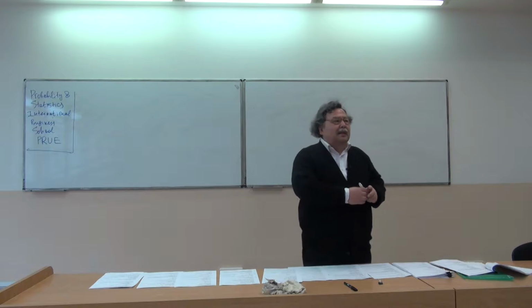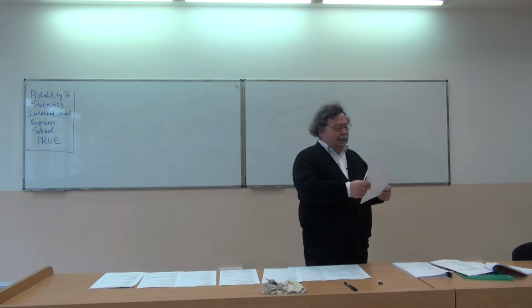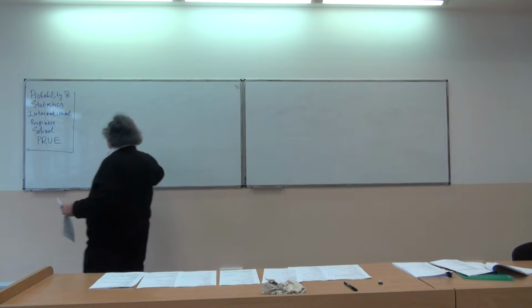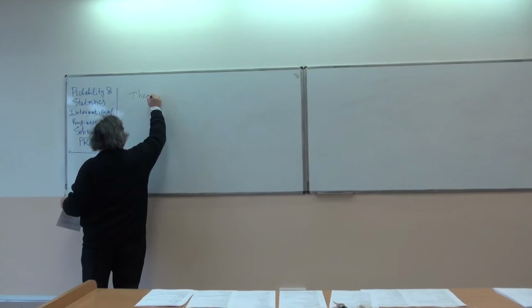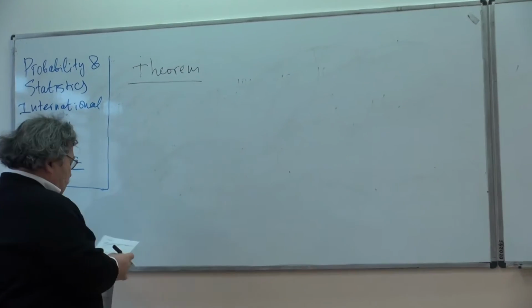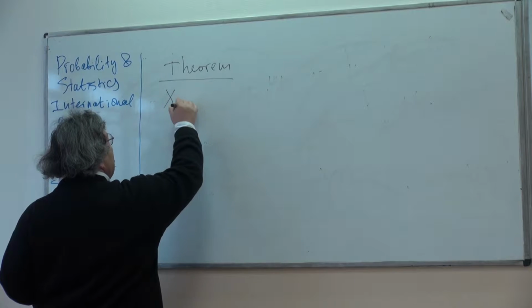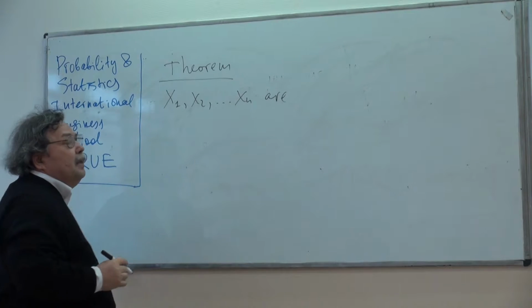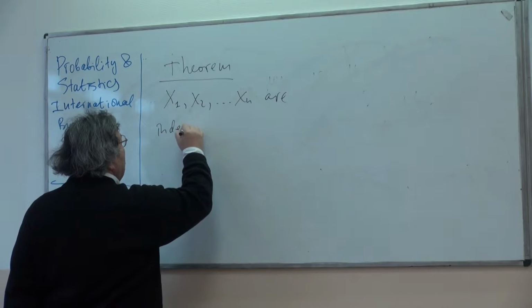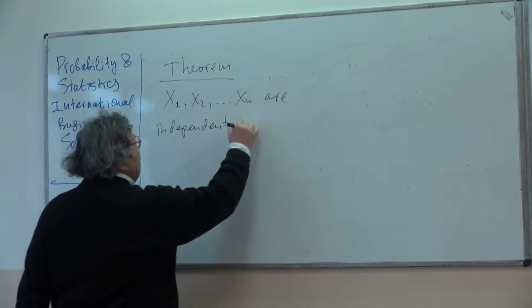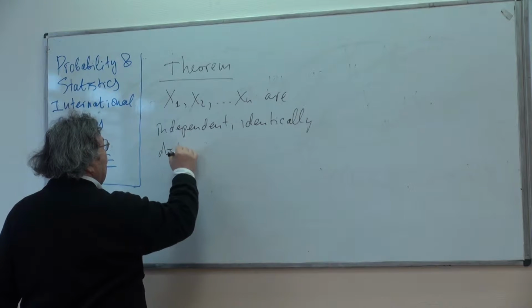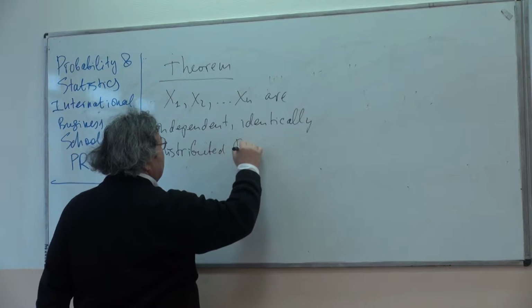Now, I think the last thing that I did at our latest lecture was this theorem. I'm going to reproduce it here again because it's so very important. Suppose x1, x2, ..., xn are independent identically distributed random variables.